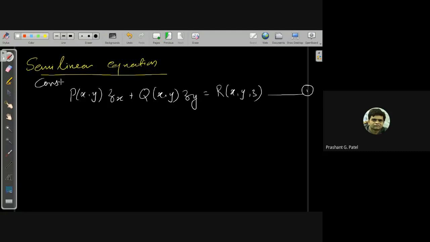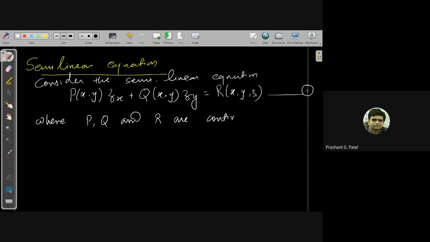So consider the semi-linear equation in this form, where this P, Q and R are continuously differentiable, and both P and Q are simultaneously non-zero.